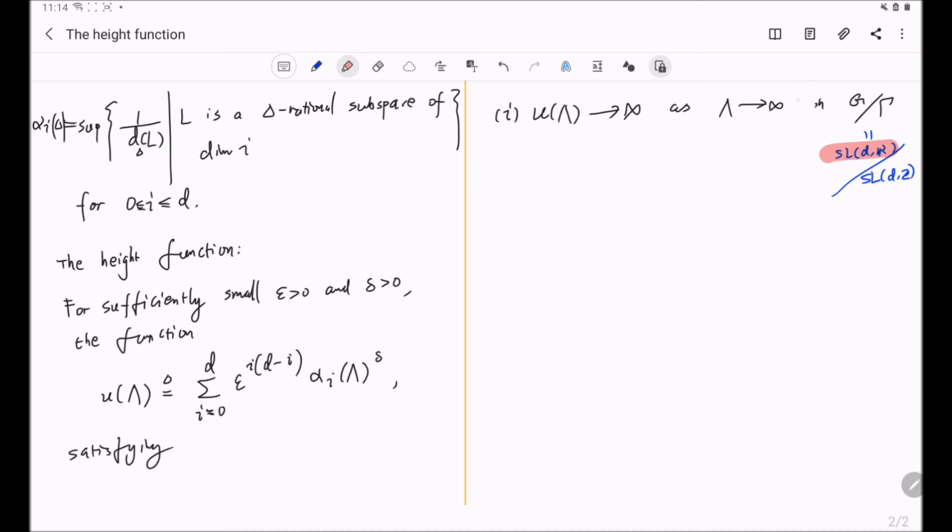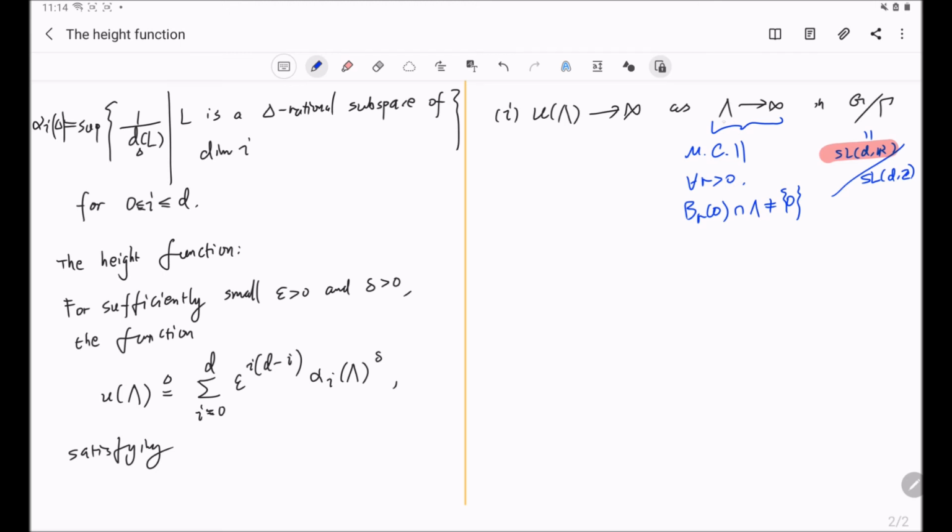That is one way to interpret this. Another way is by the so-called Mahler's criterion. This means for any small radius r, the intersection of this small ball at the origin and lambda always contains not just the origin. It's always strictly bigger than the singleton at the origin.